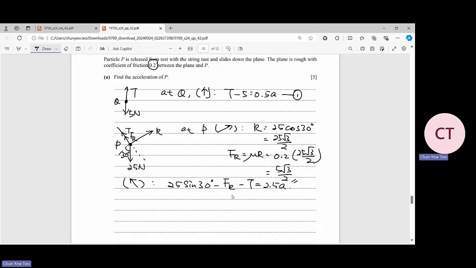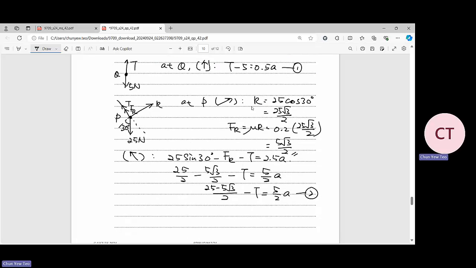So you just replace the 25 sine 30 is a 25 over 2 minus the frictional force minus the T is equal to the 5 over 2 a. So we can join together, become 25 minus the 5 root 3 over 2 minus the T is equal to the 5 over 2 a. That will be my second equation.